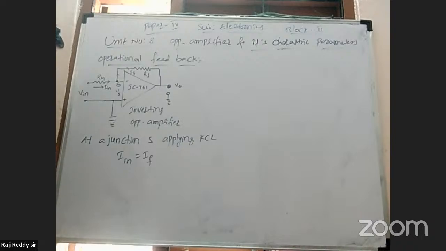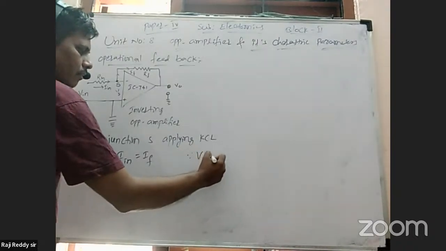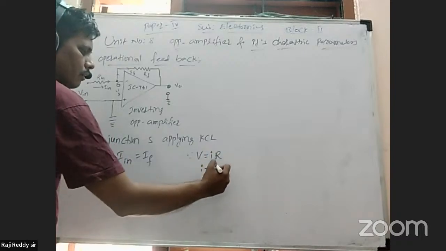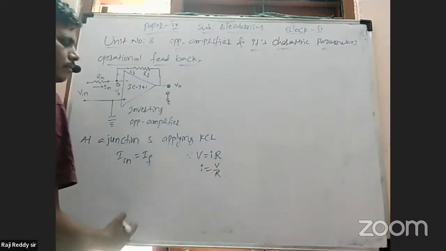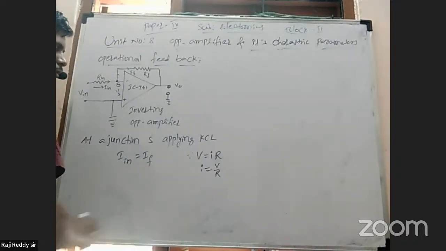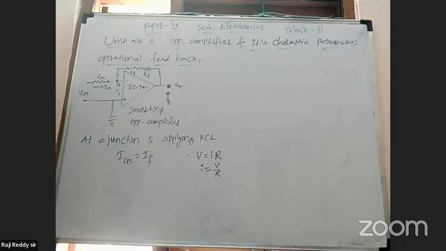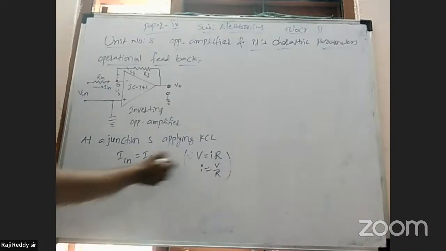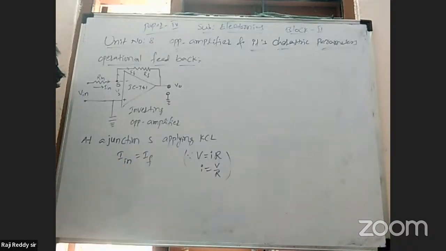According to Ohm's law, V equals IR. From that, I equals V by R. If the voltage varies between 2 points, we can take delta V by R. So I equals delta V by R. Here the input initial point is V in minus Vs. So I can write V in minus Vs by the input resistance R in, or Ri.